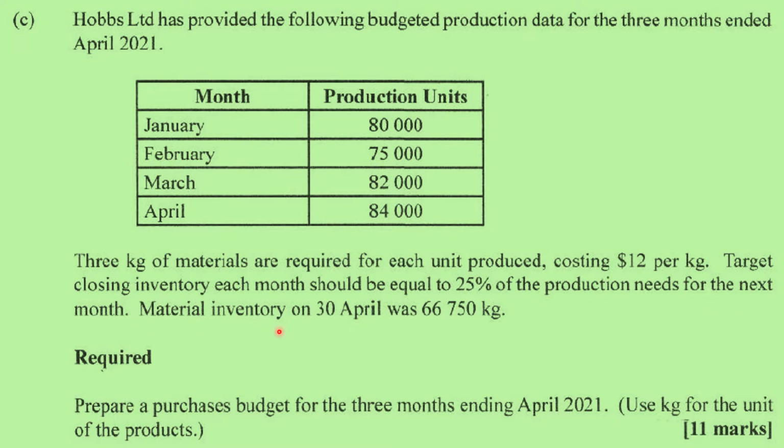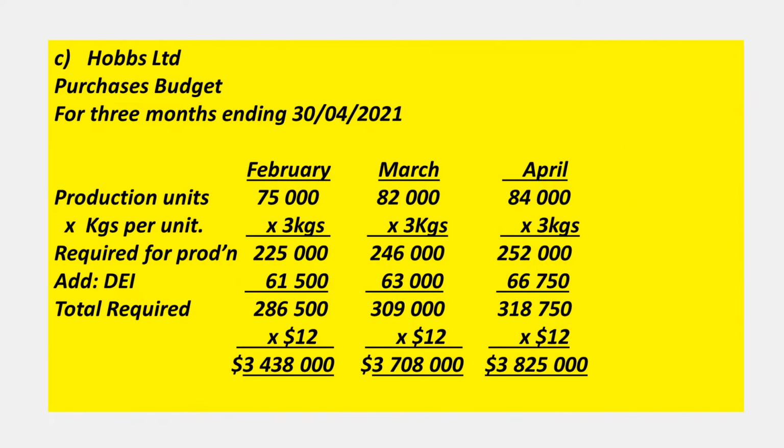Material inventory on 30th of April was 66,750 kg. Okay, so let's get right into it. Okay, again we can use a format like this.